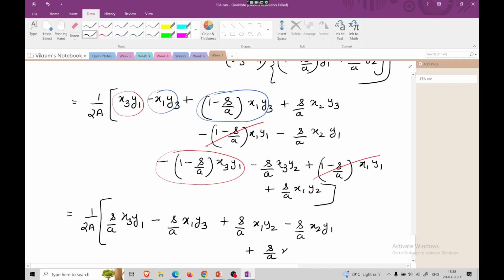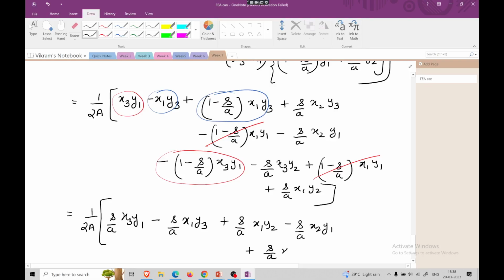So again, if I take s by a common, I will be left with x3 y2 plus x3 y1 minus x1 y3 plus x1 y2 minus x2 y1. This is again the same as the previous. This is small a.